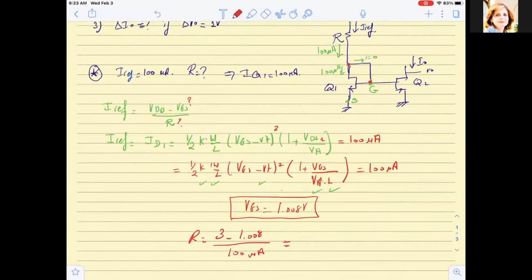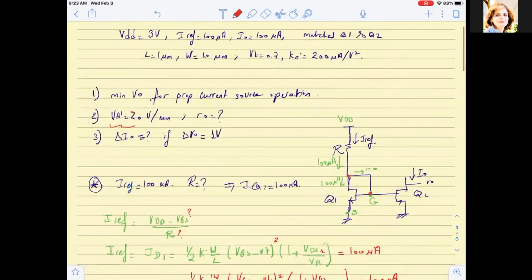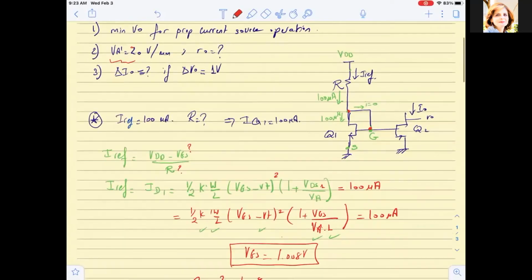Just be careful with the units when you solve, and this becomes equal to 19.91 kilo ohms. Great. Now we have decided what R should be, so we have solved the design for the circuit for this specific I reference.